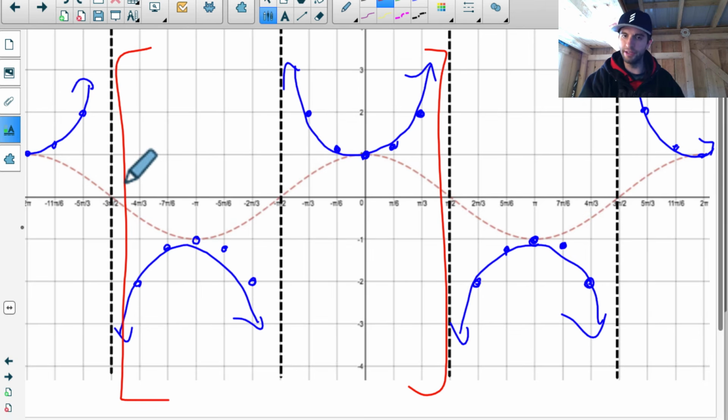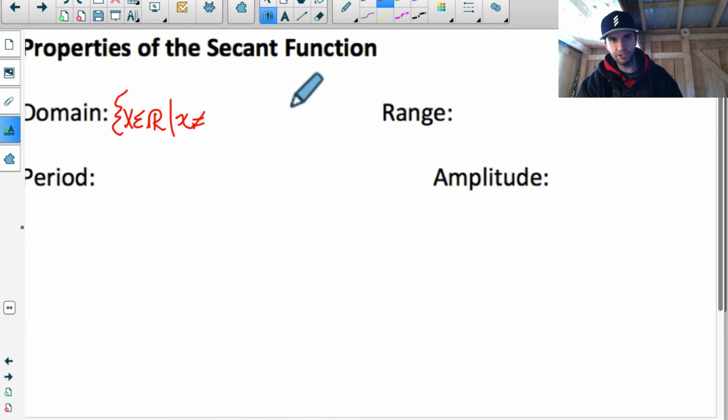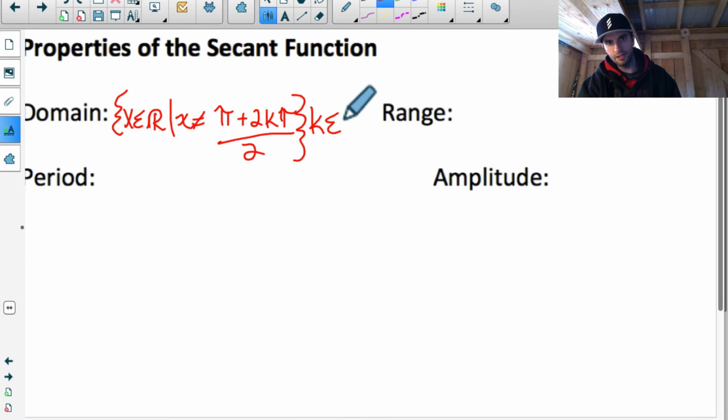It also had cosine in the denominator. So the restriction on this, it can't be pi over 2, 3 pi over 2, 5 pi over 2, or so on. So it can't be pi over 2 plus any multiple of pi, that is, (2k+1) pi over 2, where k has to be an integer value. That would tell me where a vertical asymptote is.